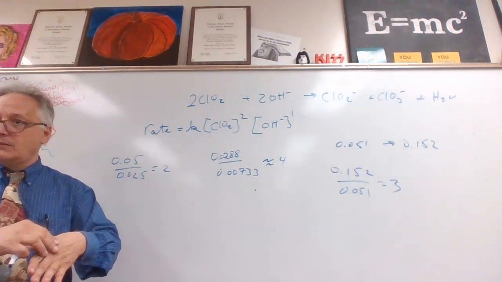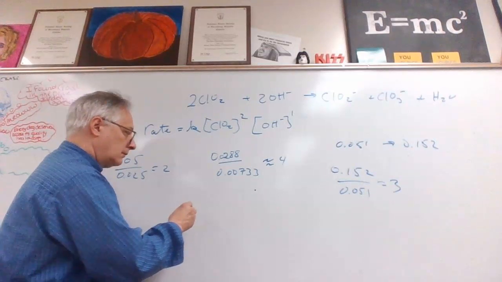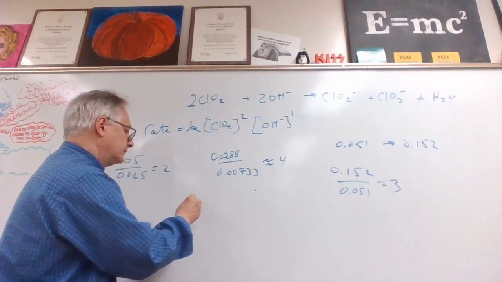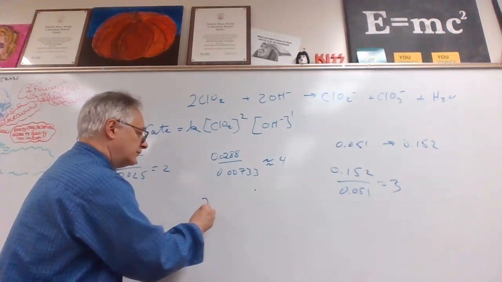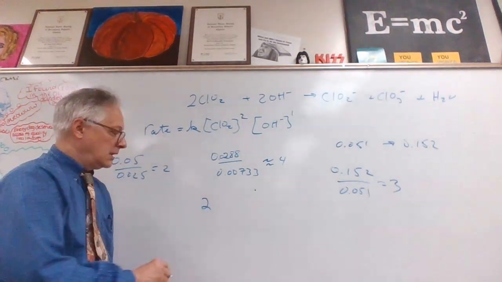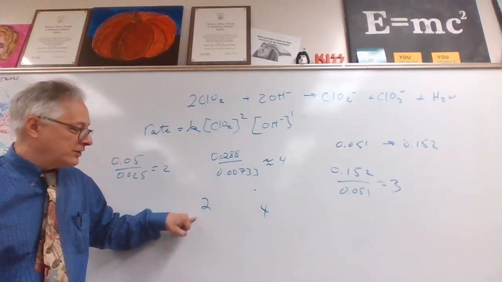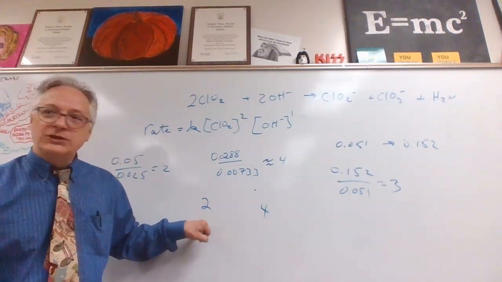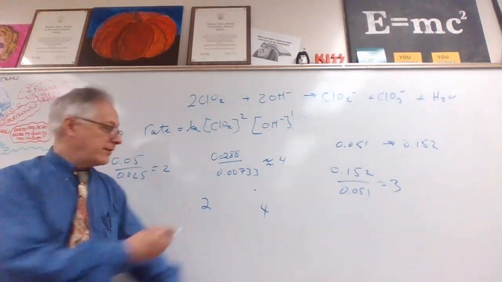You know what I mean? Well, think of it this way. If I double my concentration and the rate goes up by a factor of 4, what do I have to do to that 2 to make the rate go up by a factor of 4? Square it, right?